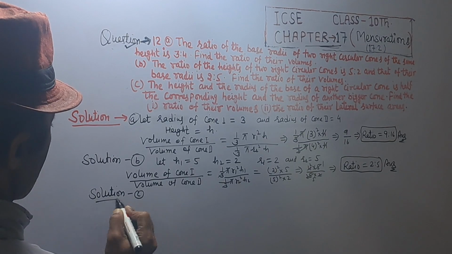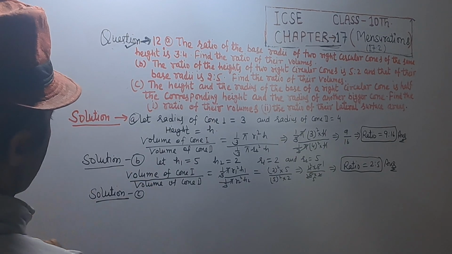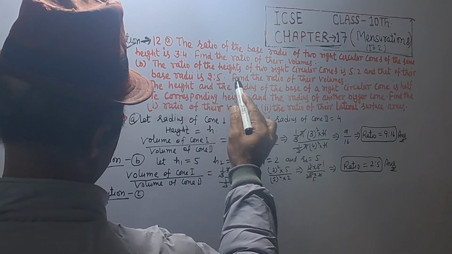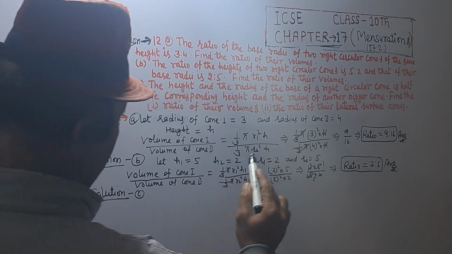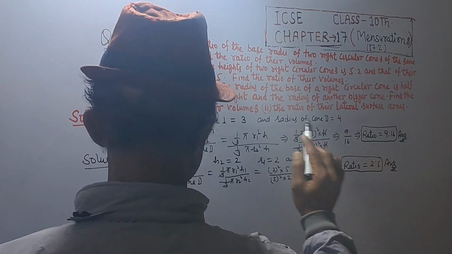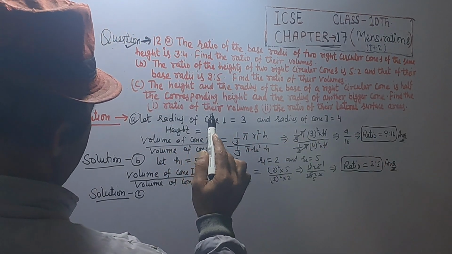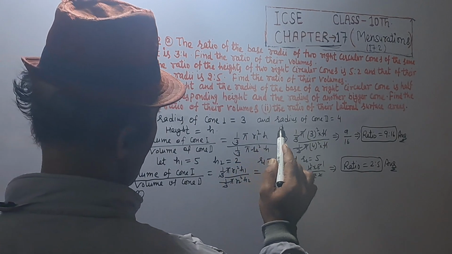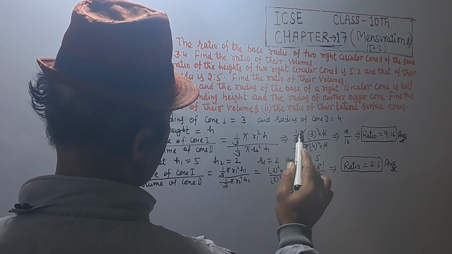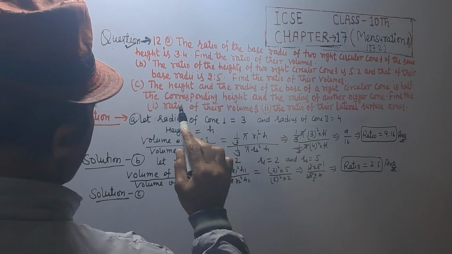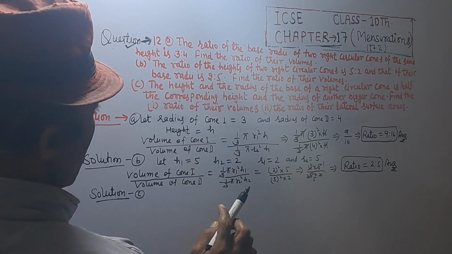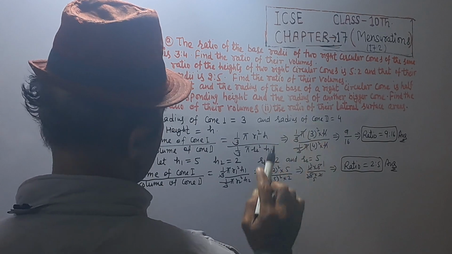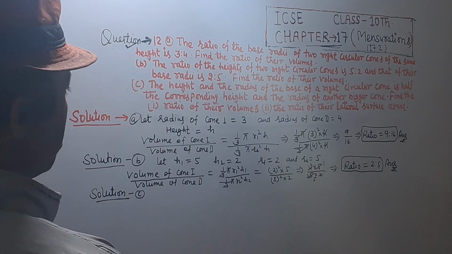Solution, C part. The height and the radius of the base of a right circular cone is half the corresponding height and the radius of another bigger cone. Find the ratio of their volumes, the ratio of their lateral surface area.